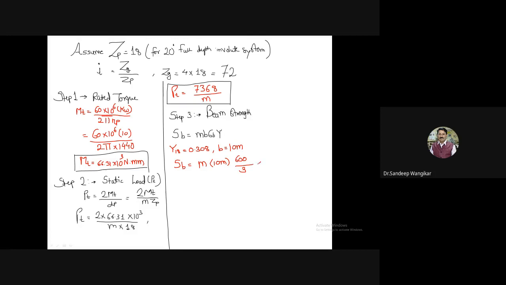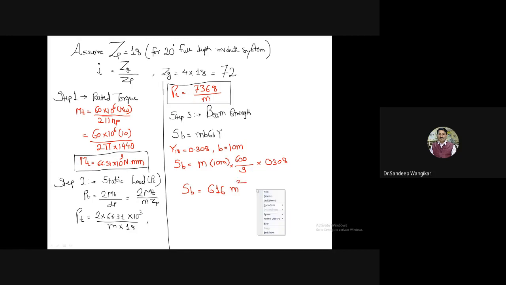So the module is there, the face width is 10 times module, and sigma B is SUT divided by 3. You will get SB equal to module square times the constant, which is 616 module square.